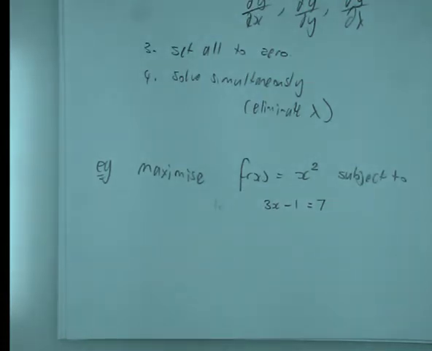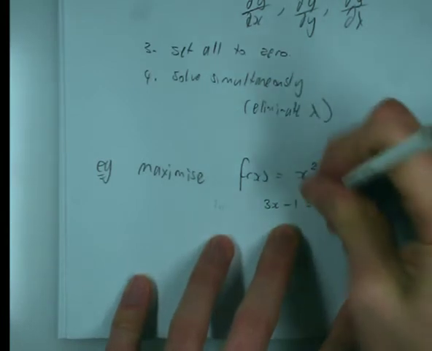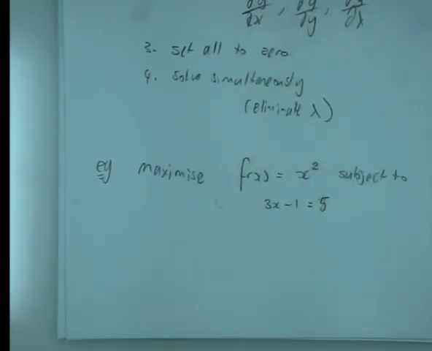Now, we don't have to use Lagrange multipliers for this. That's not necessary, but I just want to show you how it works. Actually, let me not pick 7, I'm going to do 5 if that's okay. What we should do is go, well, 3x minus 1 equals 5, solve that and figure out that x has to be 2, and we'd sub the 2 in and get 4 as the answer. That's what we should do, but I just want to show you that it's going to work anyway.